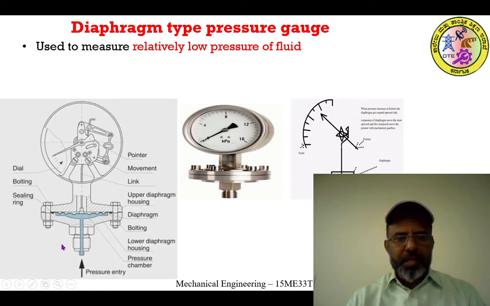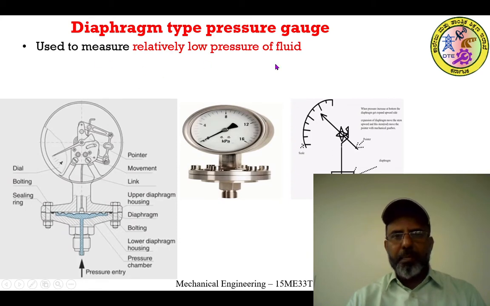This represents the mechanism involved for the upward movement of the diaphragm. Here this is a corrugated diaphragm and this is the rack, and this rack is connected to a pinion and a pointer moves over a calibrated scale.